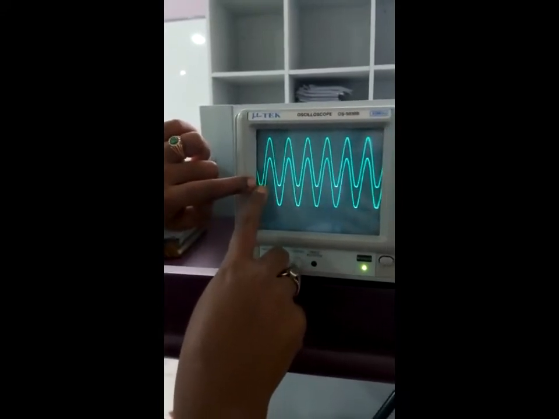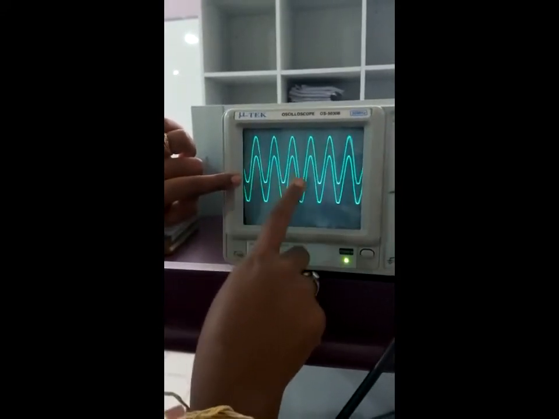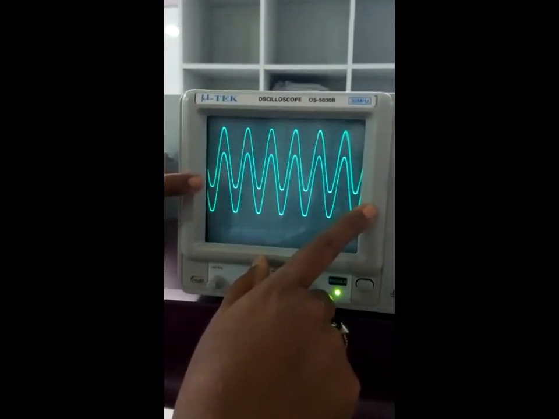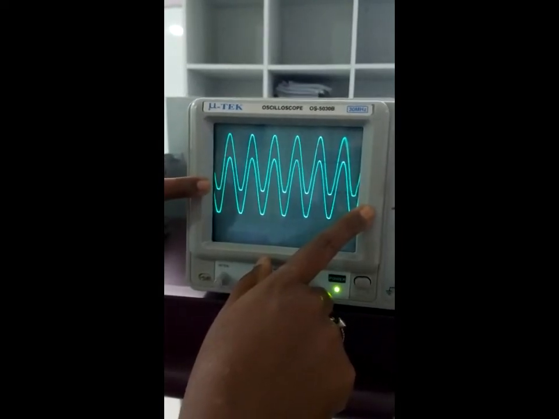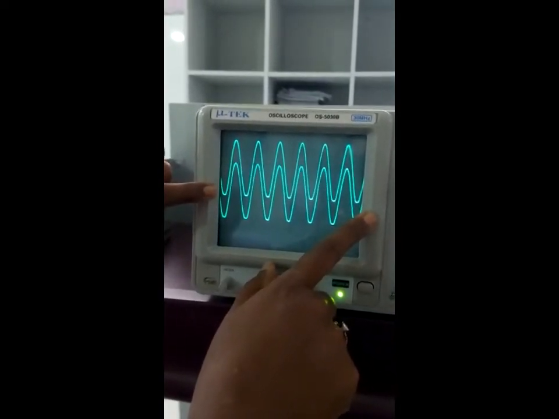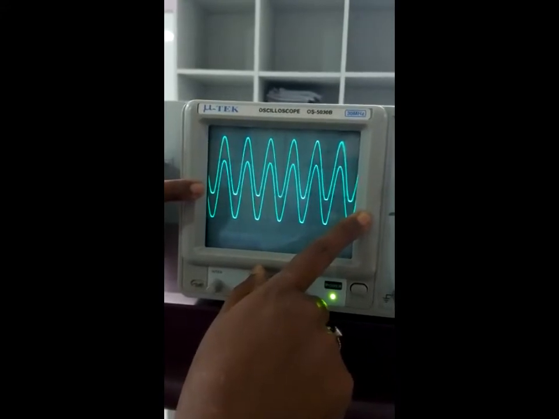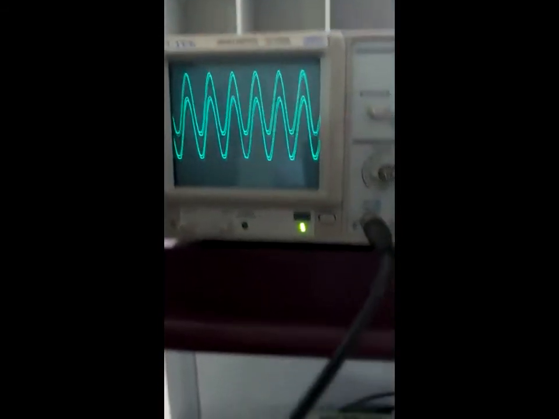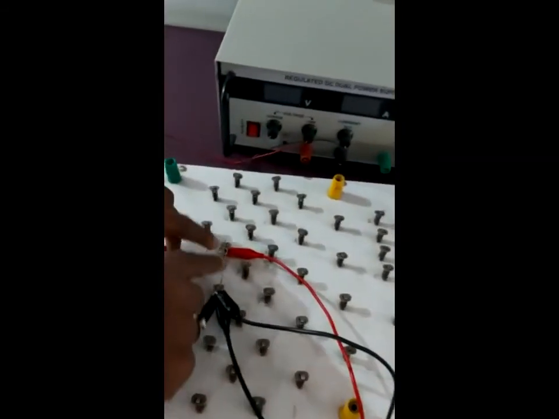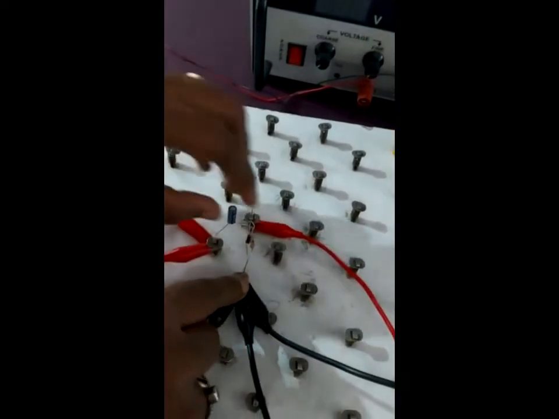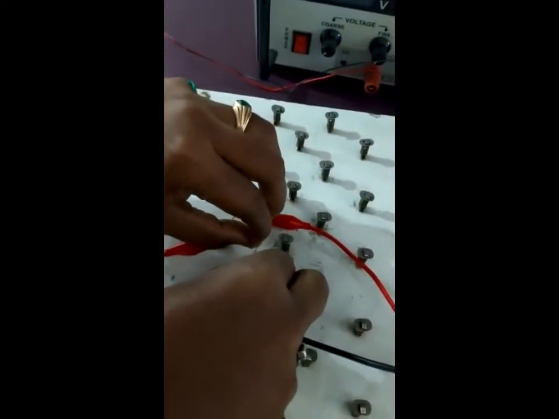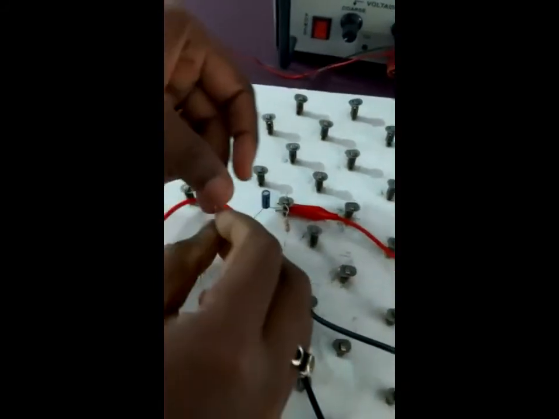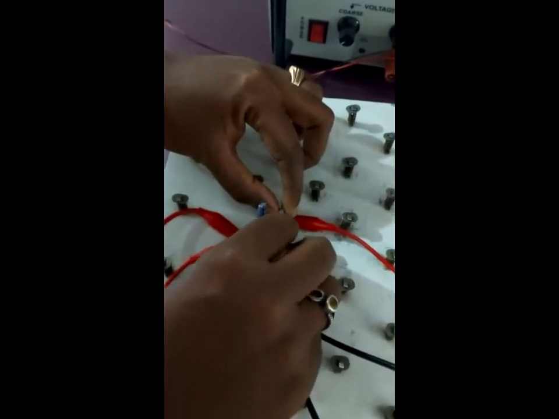Here the output waveform is shifted above the reference line. Based upon the position and polarity of the diode, here the output waveform is shifted to the positive region above the reference line, hence it is positive clamper circuit. Now if we reverse the polarity of the diode, then the waveform will be shifted to the negative region below the reference line.